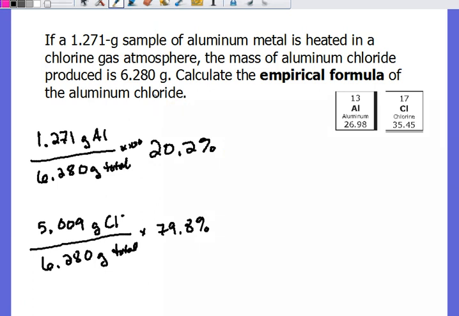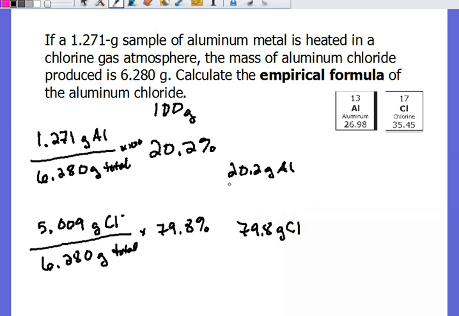And again, you can assume a 100-gram sample if you wanted to, and you could say that 20.2% of 100 is 20.2 grams of aluminum, and 79.8% is 79.8 grams of Cl.